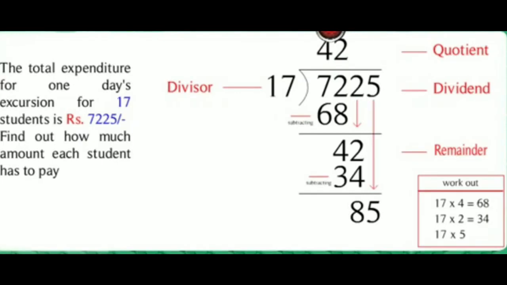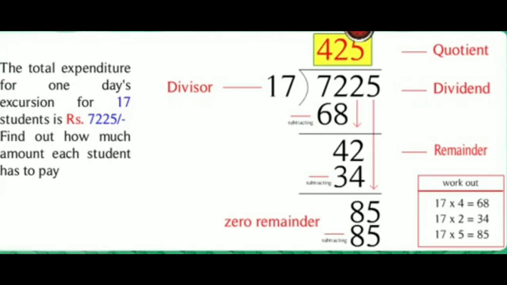Now let us see how many times 17 will go in 85. We know that 17 fives are 85, so it will go 5 times, and 85 minus 85 is equal to 0. So the remainder is 0, and the answer, which is the quotient, is rupees 425. So each student needs to pay rupees 425.